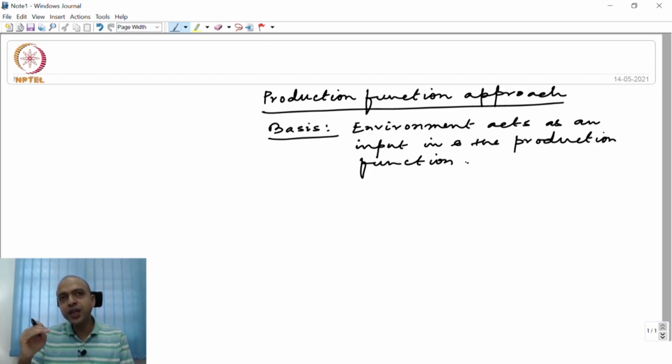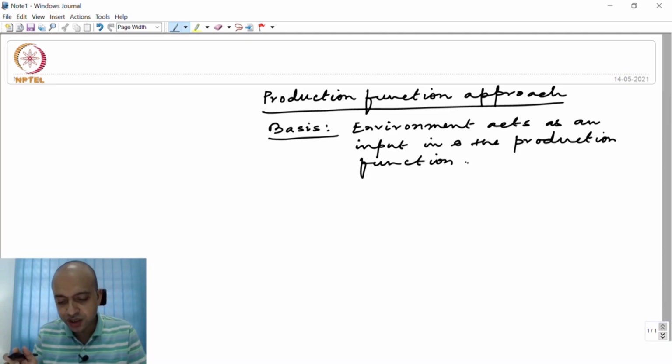Then for any change in the quantity or quality of environment, we will try to estimate the change in output, through which we will estimate the change in consumer or producer surplus, and that change in consumer and producer surplus is basically the value of environment for that amount of change, right?